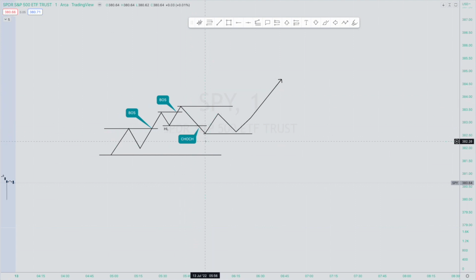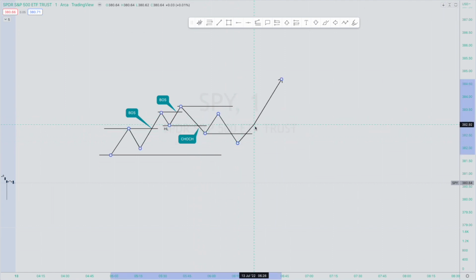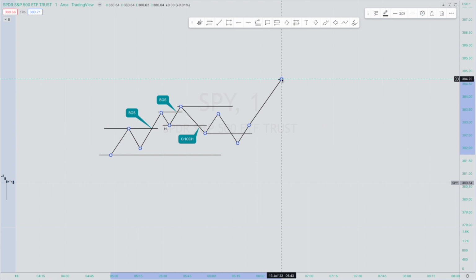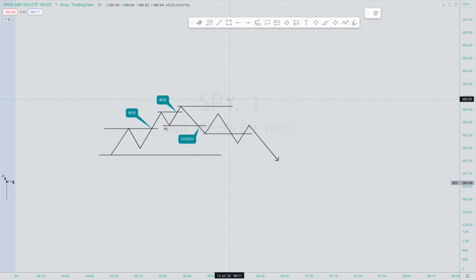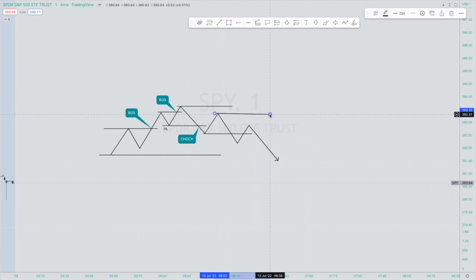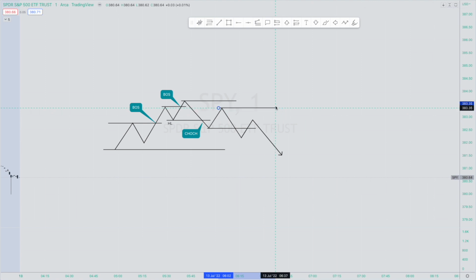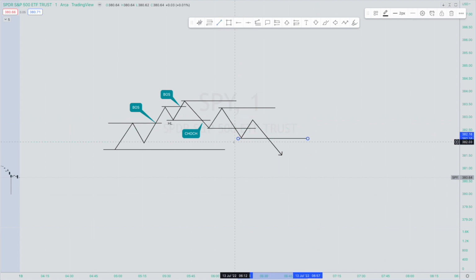Now, when you have a break of structure with the change of character, so say you did this right here, and now we have some new structure, right? Because we had that break of structure after the change of character.